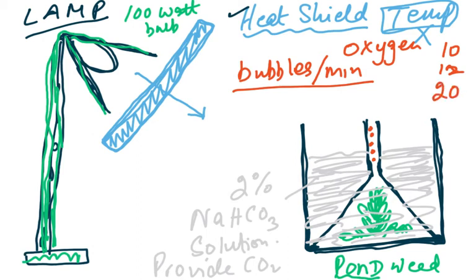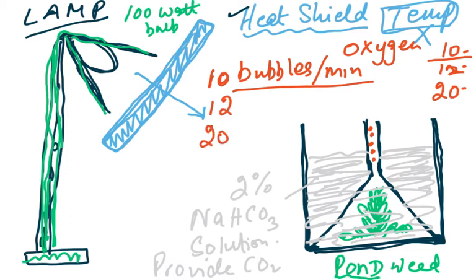Now something is wrong. Either this is wrong, or this is wrong, or this is wrong. Because you have maintained a certain temperature, the lamp is at a fixed distance, and now we're having, say, 10 bubbles per minute. Then you do another reading and you find it's 12 bubbles per minute, and then another is 20 bubbles per minute.